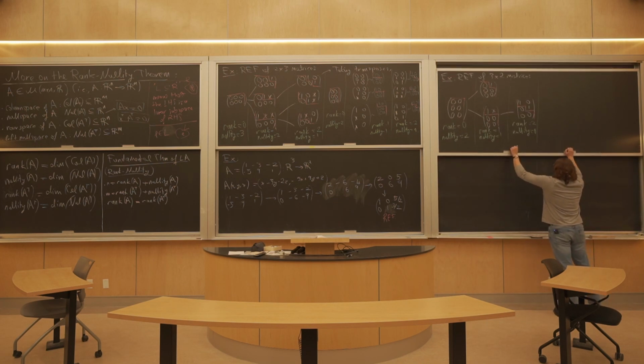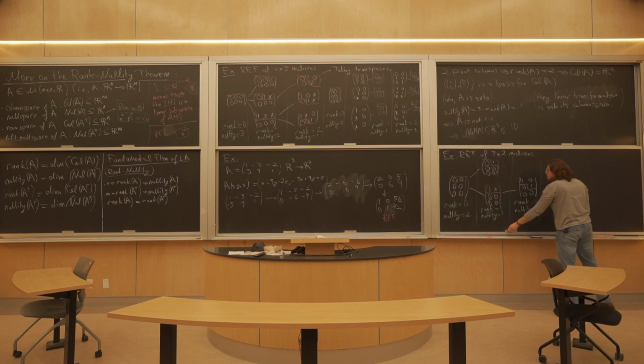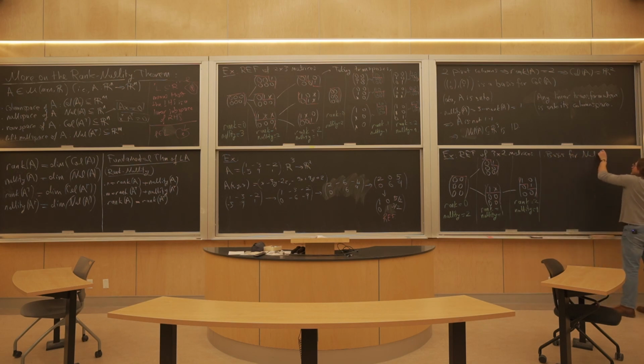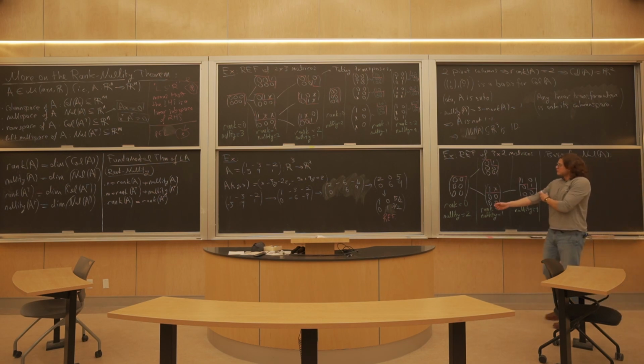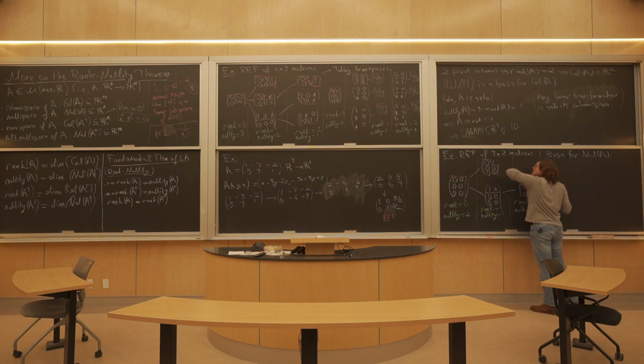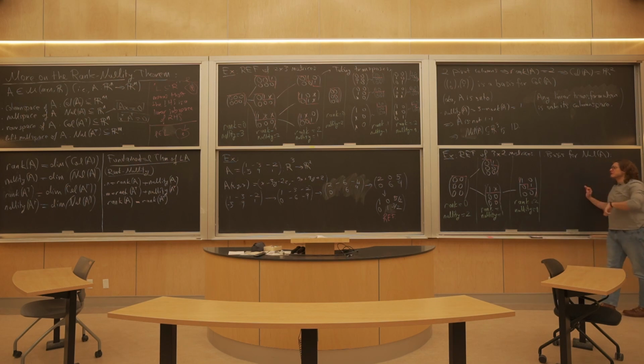Let me write it over here. So, a basis for the null space of A. Well, the null space of A is by definition all those vectors in the input space that A sends to 0.